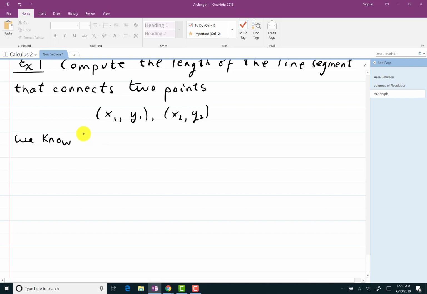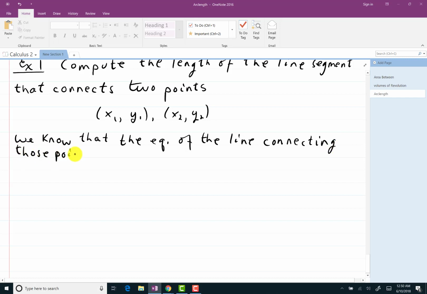we know that the equation of the line connecting those points is y2 equals y2 minus y1 over x2 minus x1 times x2 minus x1 plus y1.